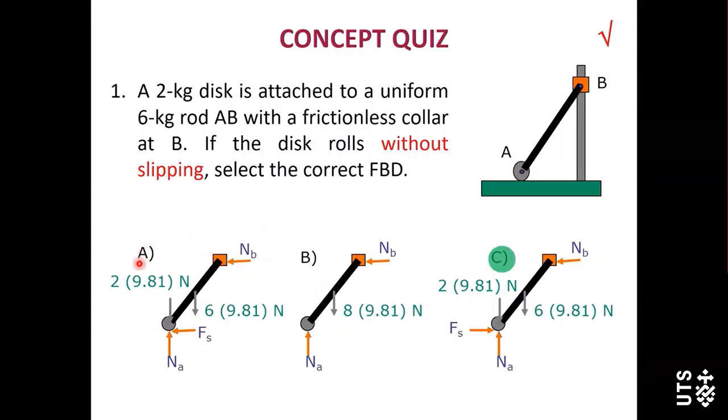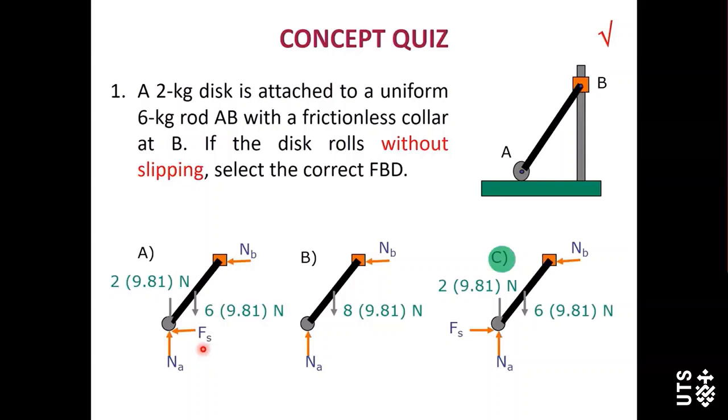So look at answer A. And here you can see an Fs. Fs means static friction force because this disc rolls without slipping, so static friction force is correct.